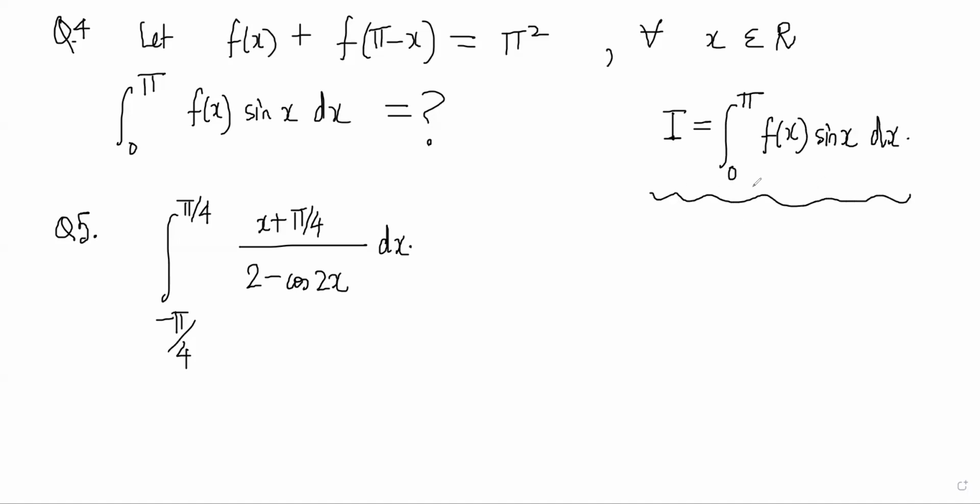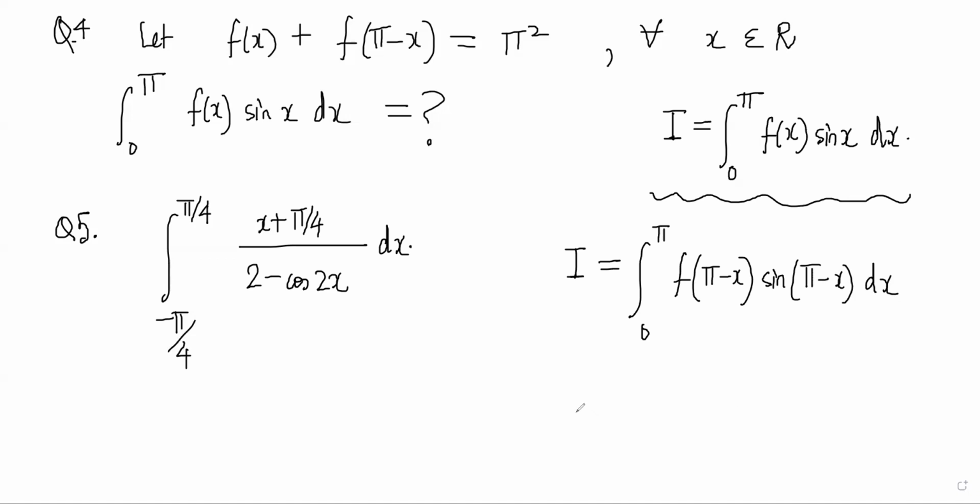This is my integral, right? Yashwant, you are familiar with this property, right? I is equal to, now you can say integral 0 to pi f of 0 plus pi minus x, right? Yeah, I'm familiar with this property. And here also sine of 0 plus pi minus x, right? Yes.